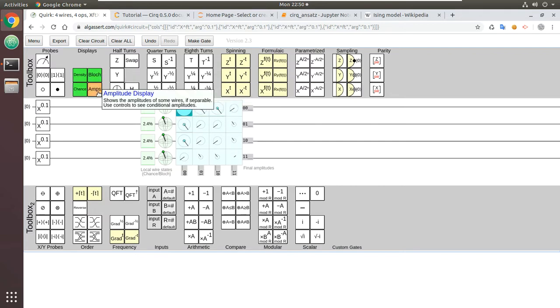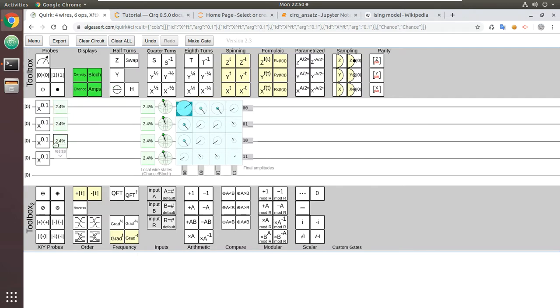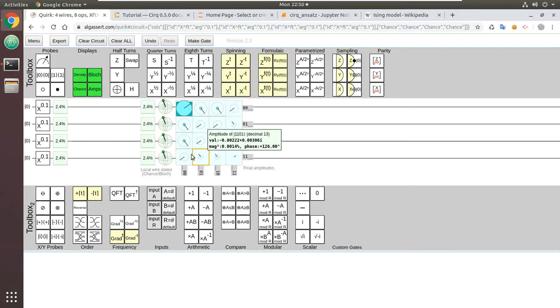Now I have a chance display for each qubit separately, and that's kind of what matters. Despite the fact that overall at a state level, I think in this case we don't care, we care about the individual qubits. So with this rotation we get a 2.4% chance of this being a 1 and the rest being 0.